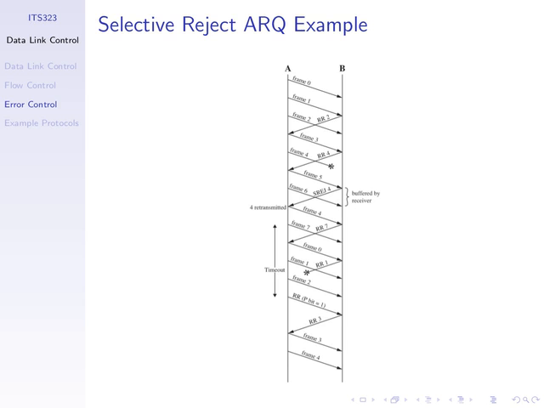In go back N, you don't buffer frames after the one detected in error. In selective reject, we do buffer those frames. And that means we don't have to retransmit all frames again, just the one frame, frame 4.